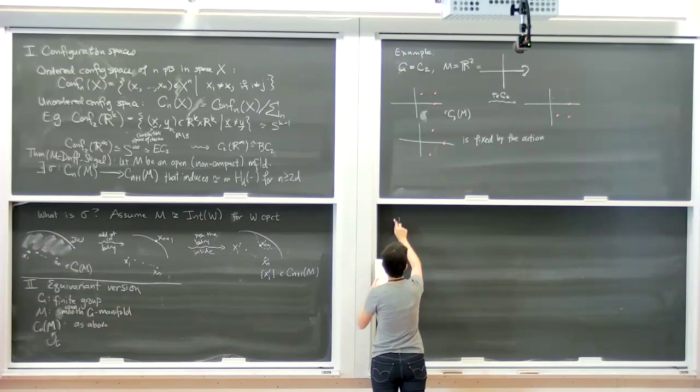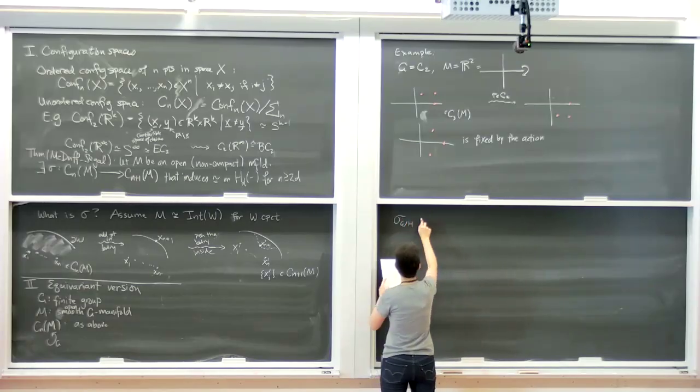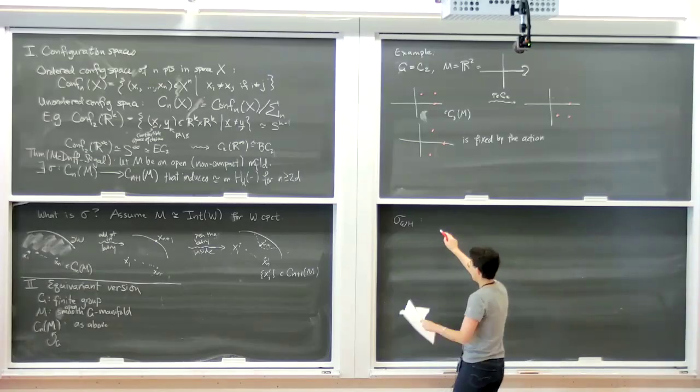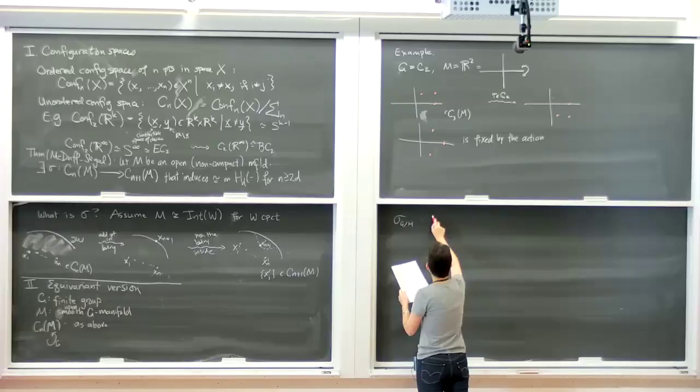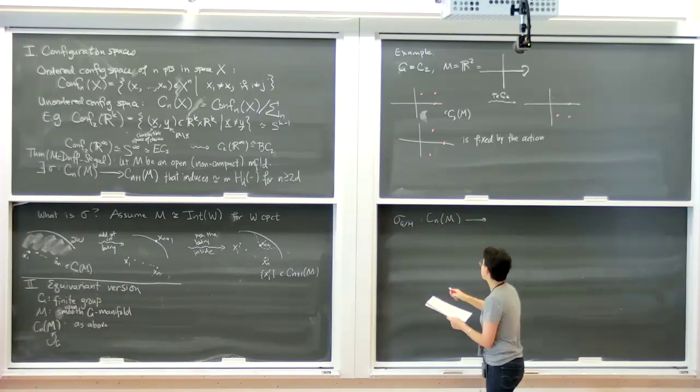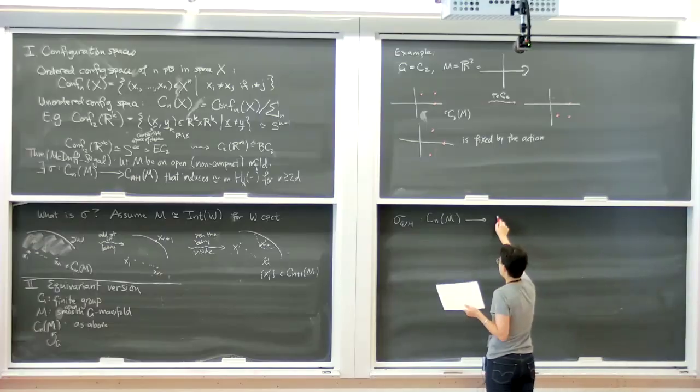As I'd advertised in the introduction, instead of coming up with a single stabilization map, we're going to try to write down a bunch of stabilization maps that are indexed by the possible orbit types.